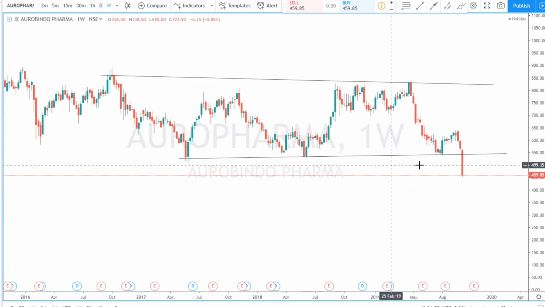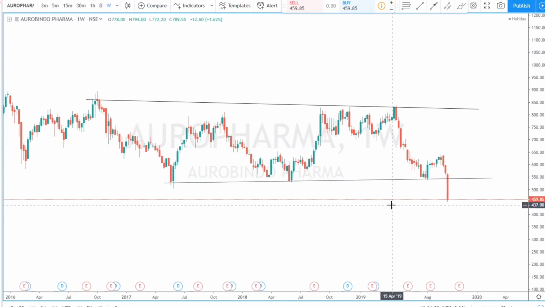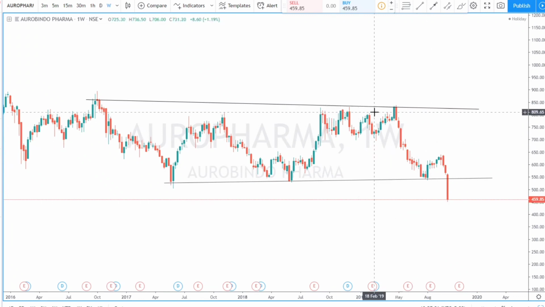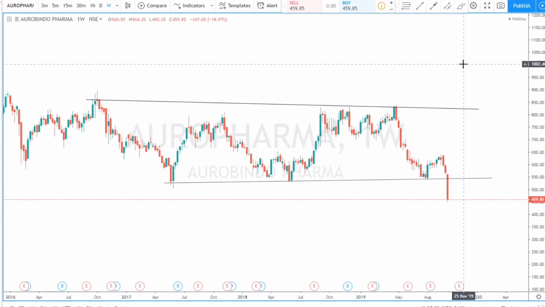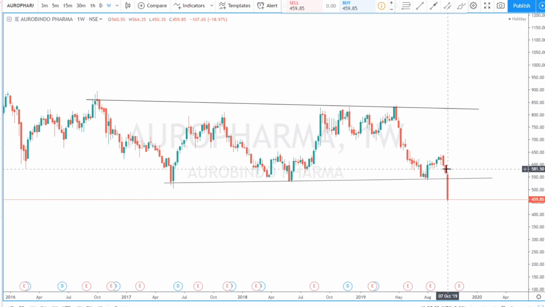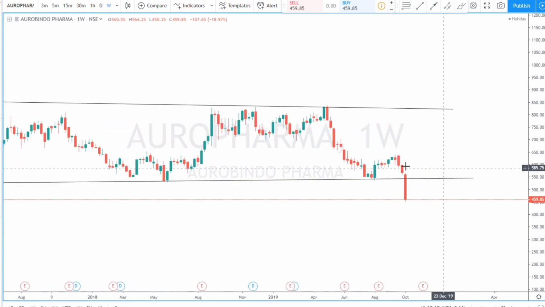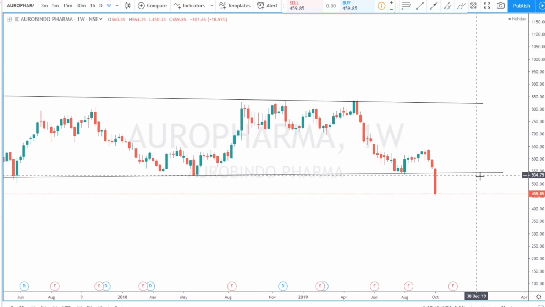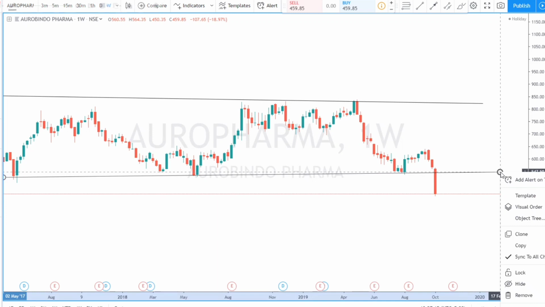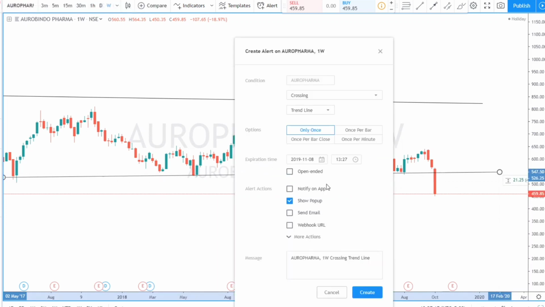So let's just assume that we are on 30th September at this candle. What I will do is I will put an alert here on this trend line, because this is an important trend line. So when Aurobindo Pharma crosses the trend line, it will create an alert.